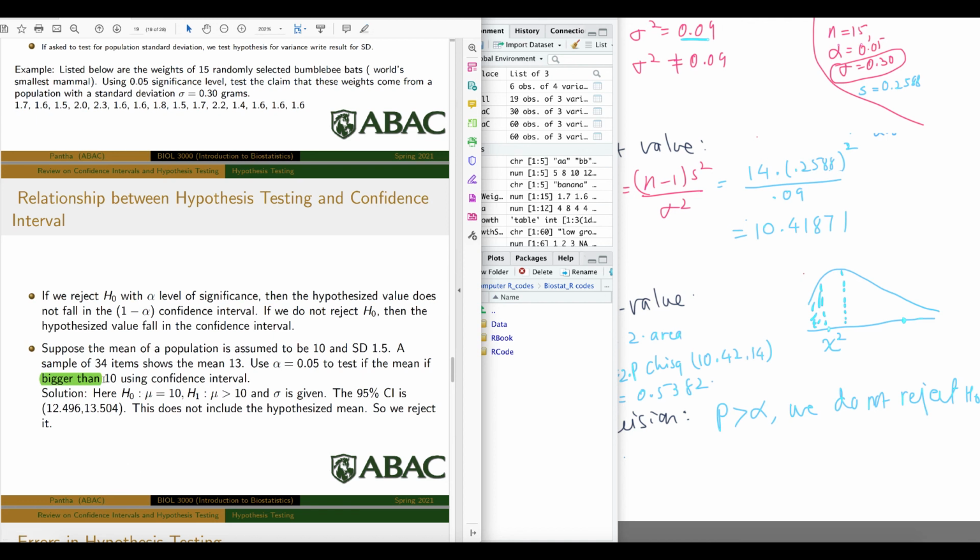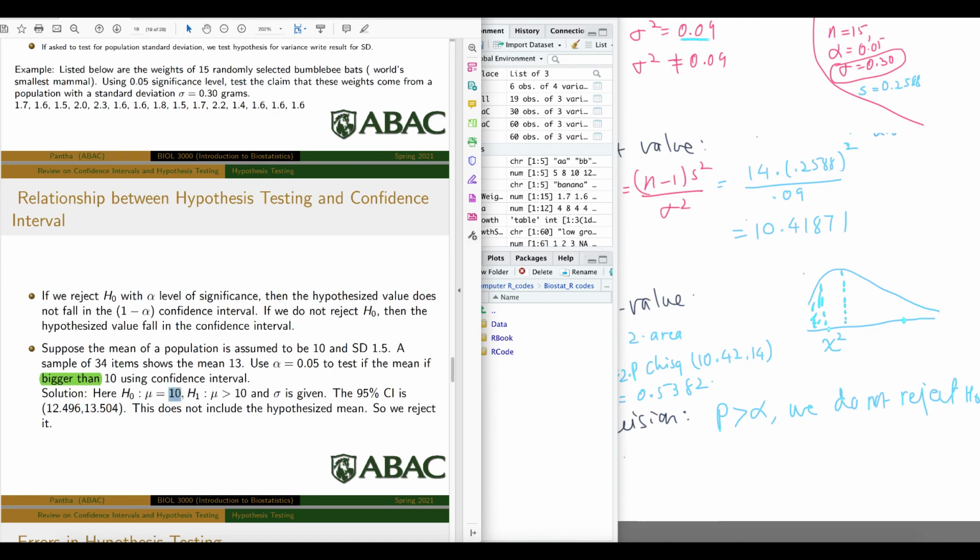Because I want to use the two-tailed test, since here I use the two-tailed test to find the confidence interval. So for the solution, H0 is mu equals 10 and H1 is mu not equal to 10. Sigma is given. So the 95% confidence interval, if you do that by hand, you will get 12.496 through 13.504.